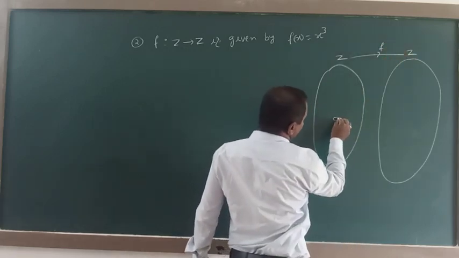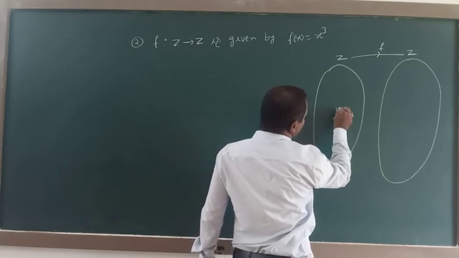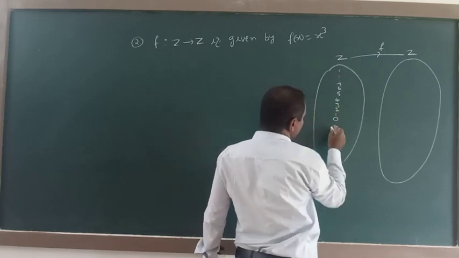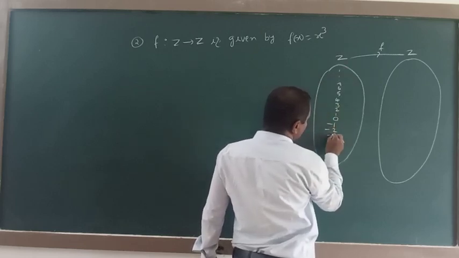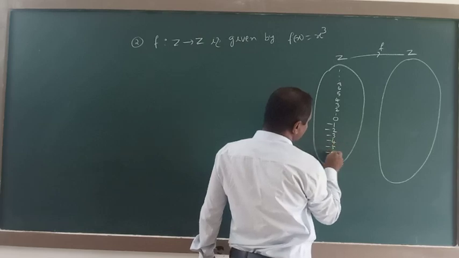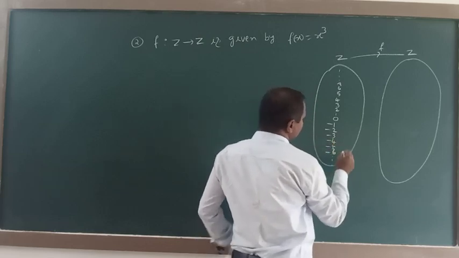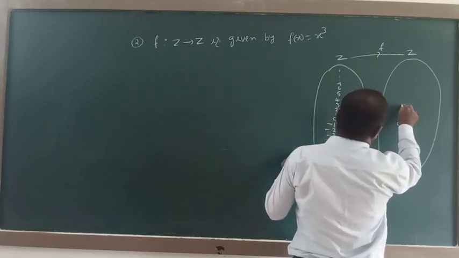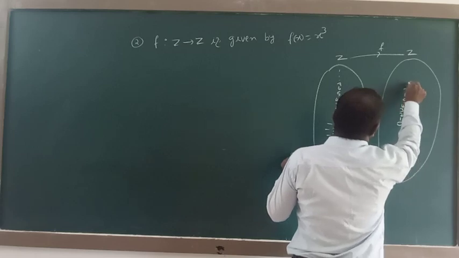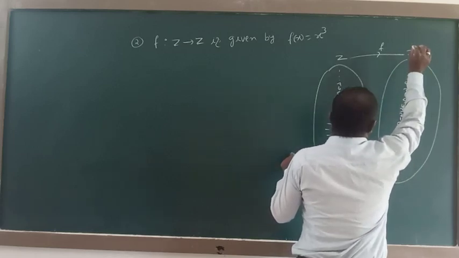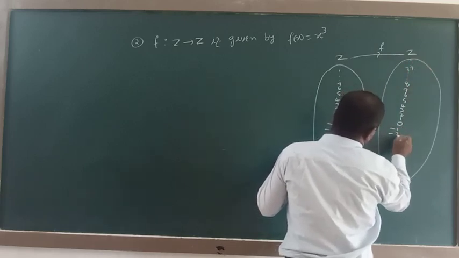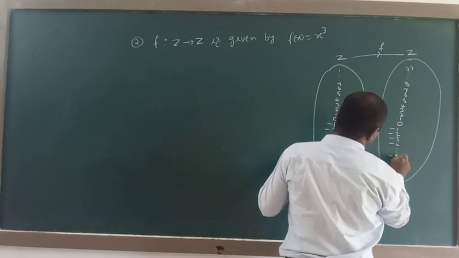Numbers 0, 1, 2, 3, 4, 5, 6, like this, and -1, -2, -3, -4, -5, -6. Here, 0, 1, 2, 3, 4, 5, 6, 7, 8, and so on up to 27, and also -1, -2, -3, -4, -8, -27, and so on.